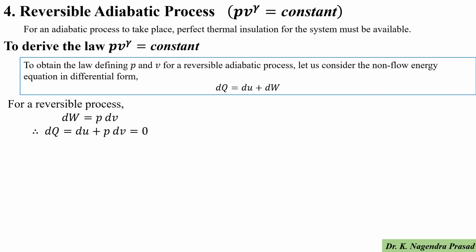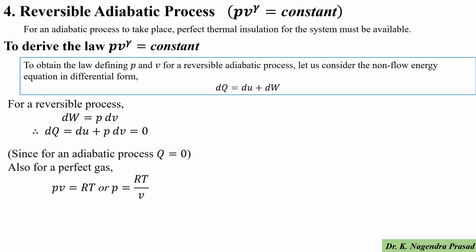So du plus P dV equal to 0, since the process is adiabatic where q equal to 0. And also we know that for a perfect gas, PV equal to RT, or P equal to RT divided by V.